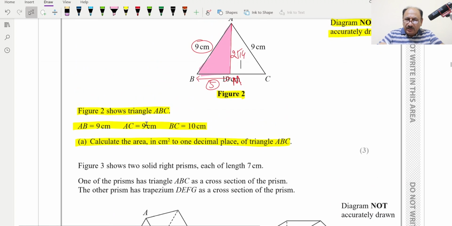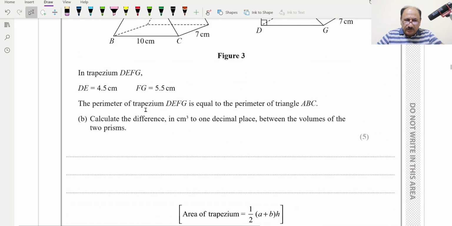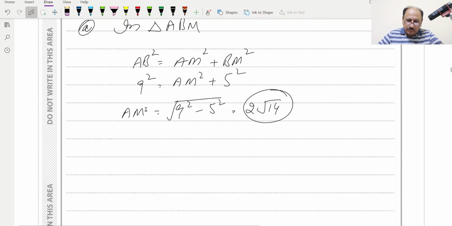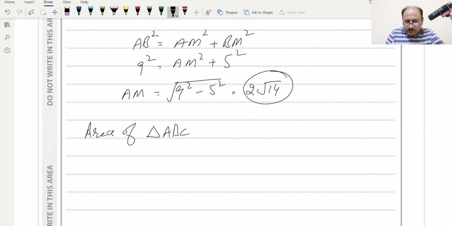Now we have the height, and the BC length we also have, which is provided as 10. So the area of triangle ABC will be equal to half into base into height.